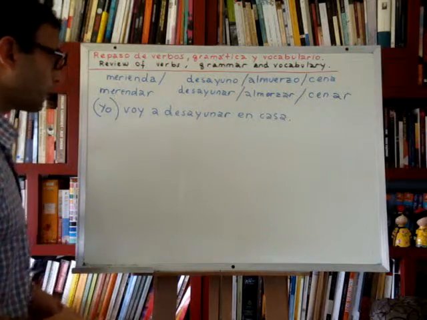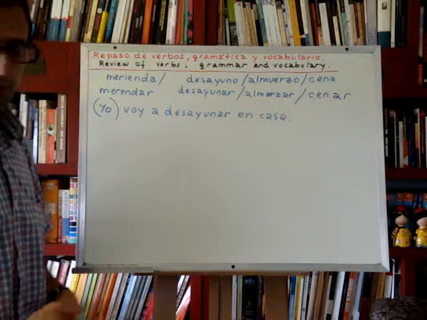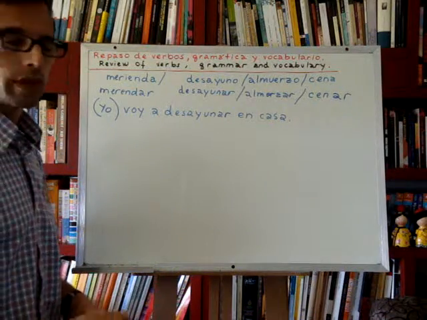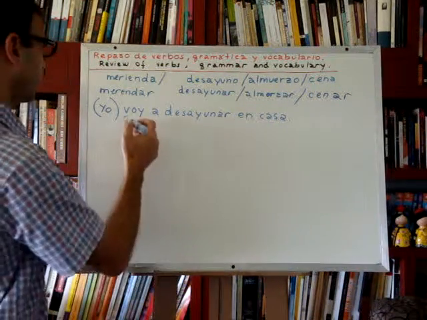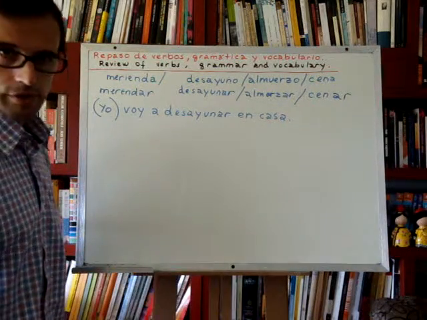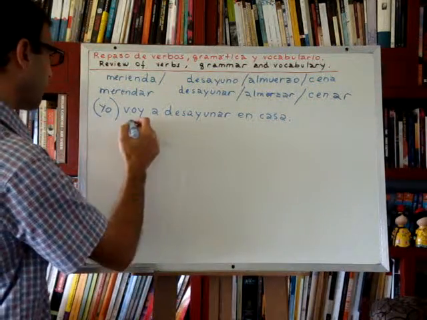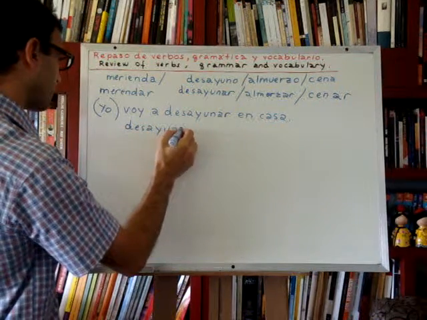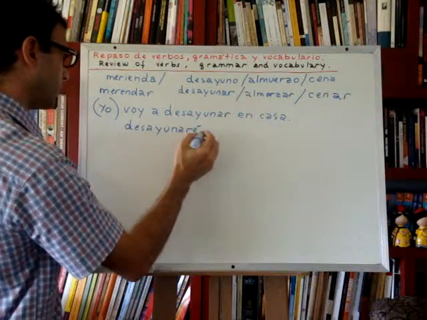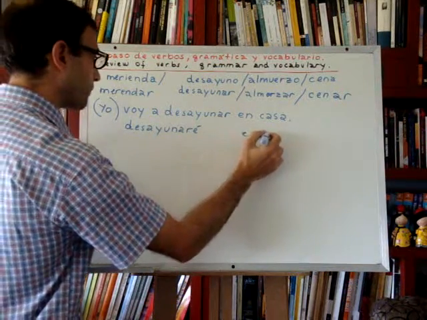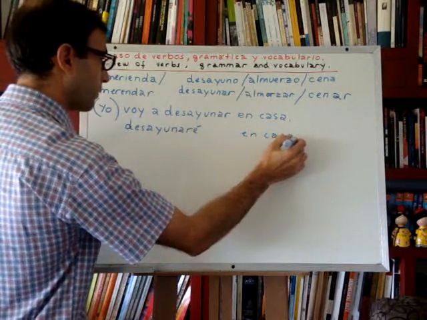So remember, in Spanish we have two future tenses, right? Actually, it's one future tense, but we can say it like this: voy a desayunar, I am going to have breakfast, or desayunaré, en casa. So these two sentences mean the same thing.